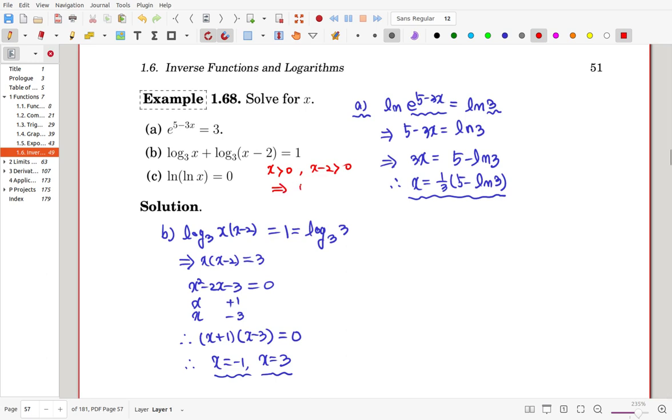Altogether, x must be larger than 2. So that is the domain for the left-hand side. So x equals minus 1 cannot be a solution. We exclude this one, and the other is the only solution.